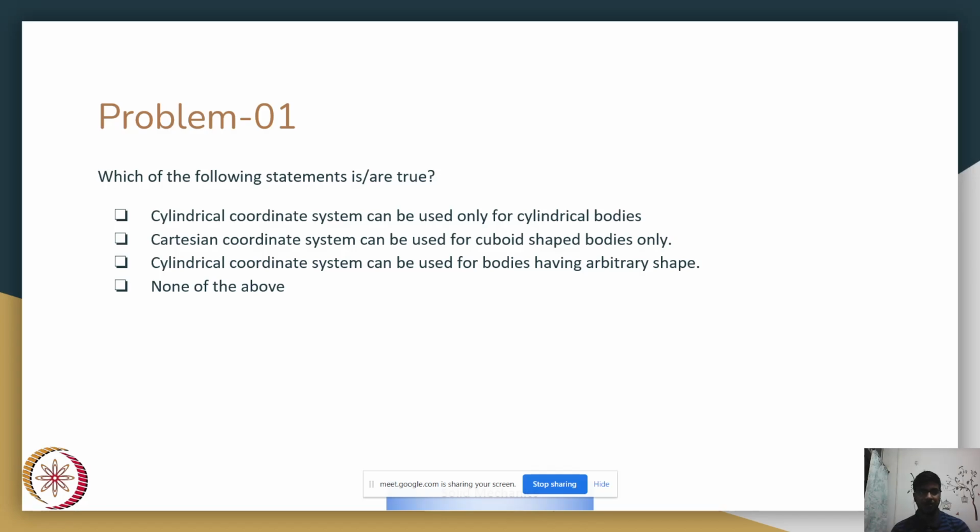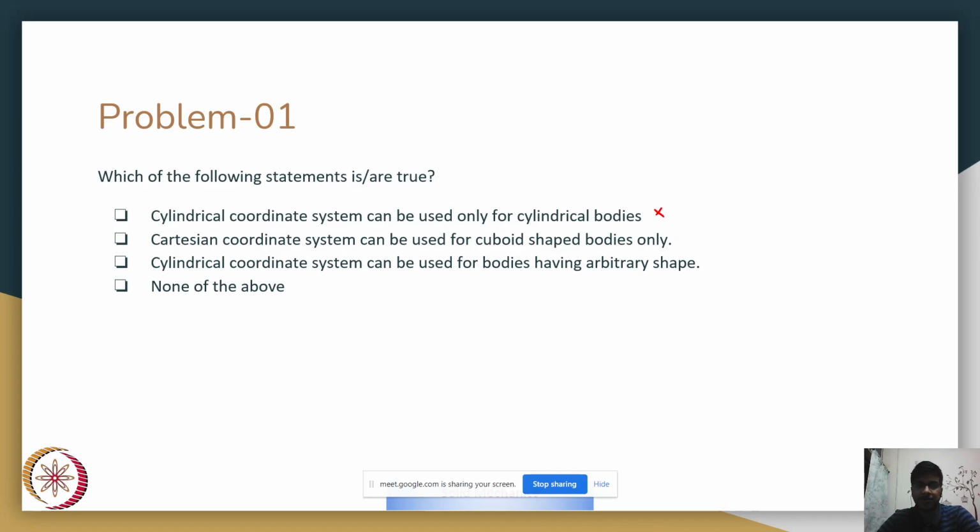So we'll start with the first problem. The first problem asks which of the following statements is or are true. The first option is: cylindrical coordinate system can be used only for cylindrical bodies. Is this true? The cylindrical coordinate system is an underlying coordinate system.